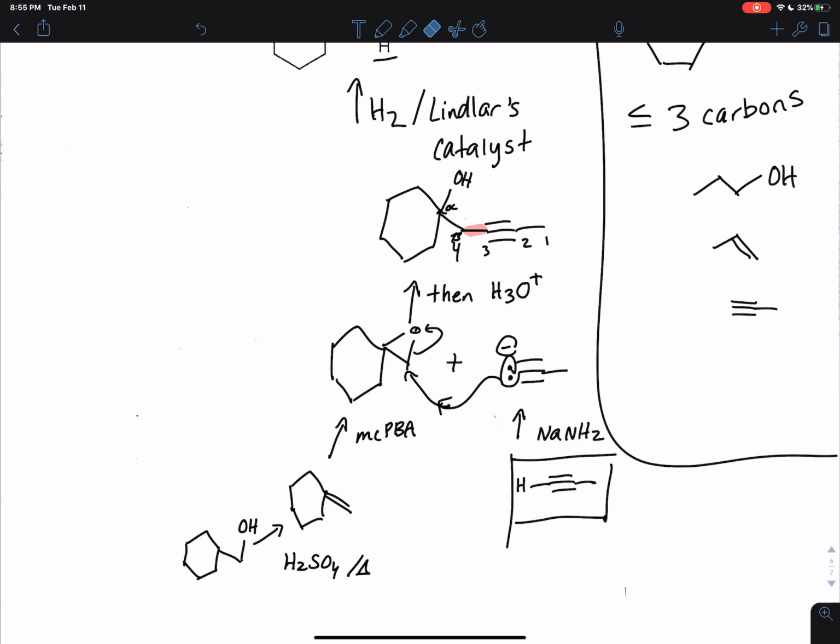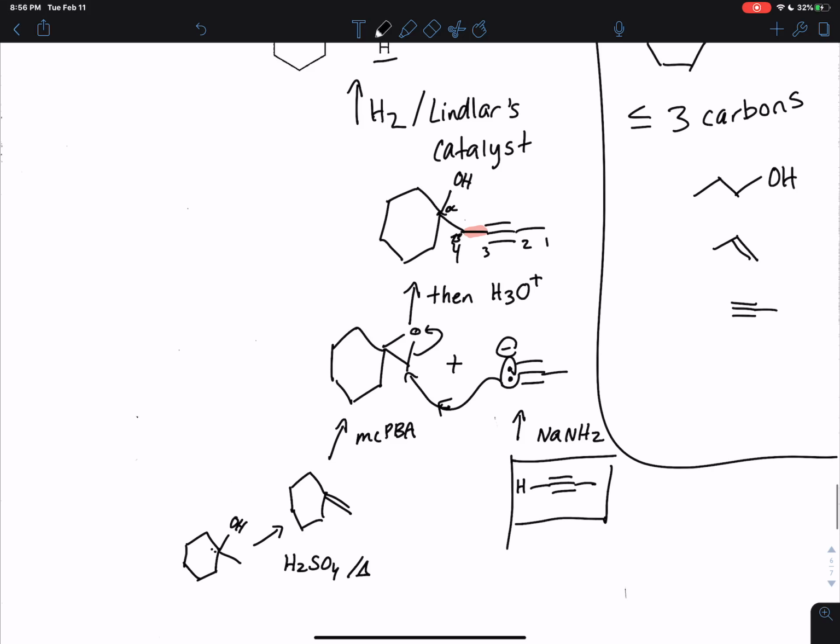If we put, let's say we put the alcohol here, okay? And we do H2SO4. Are we going to get that as our major product? So what I'm asking is basically, we have this alcohol, right? And we have two possibilities for forming the double bond. It can go to the left, inside the ring, or it can go outside the ring like what we are trying to make, right?